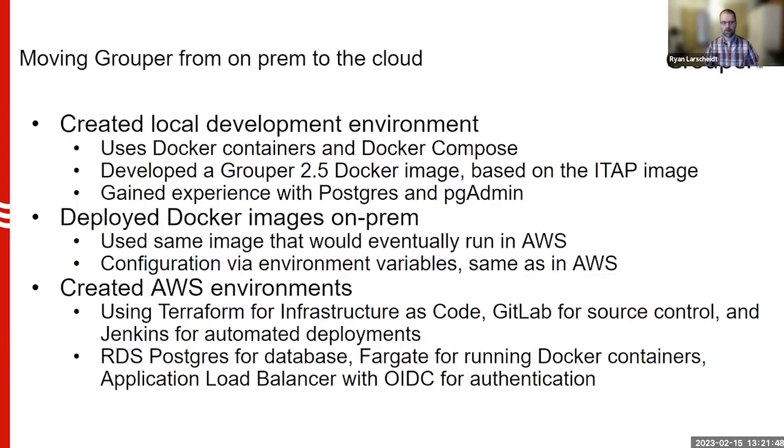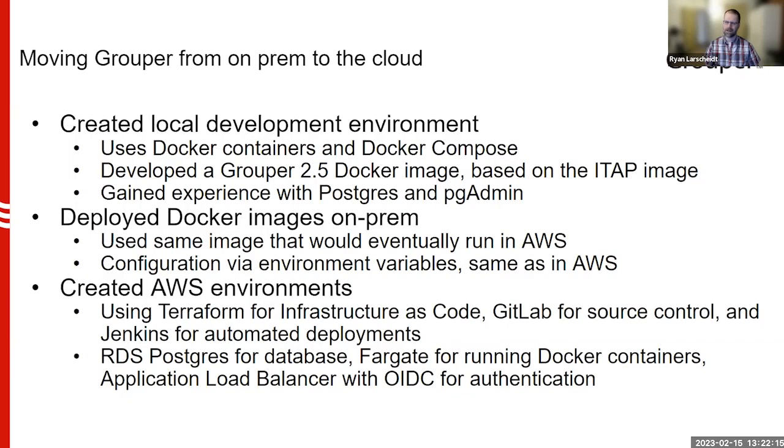We have a couple generic functions, like one called Docker build or one called Terraform deploy. And it runs the same steps every time, regardless of which project it is. So that's really nice. And so for the technologies, we use RDS Postgres for the database. We had looked at Aurora, but I got worried about the IO costs because they charge you per IO, and we had no idea how much IO Grouper would actually do in Postgres.